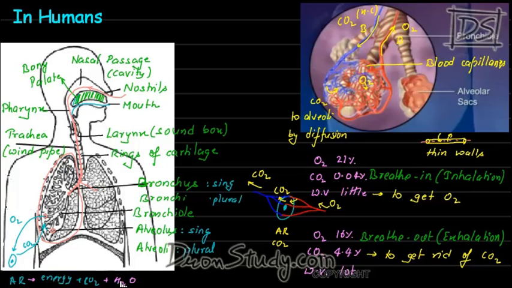The water that is produced in the process also gets extracted from our lungs in the form of water vapor. So the air that goes inside contains a small amount of water, but in aerobic respiration more water is formed, and some amount of water gets extracted with carbon dioxide through the same path. So the air we breathe out has lots of water vapor, students.